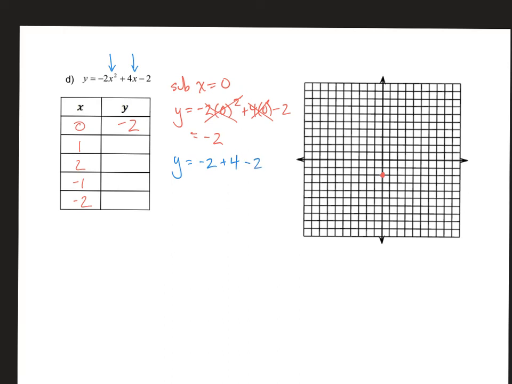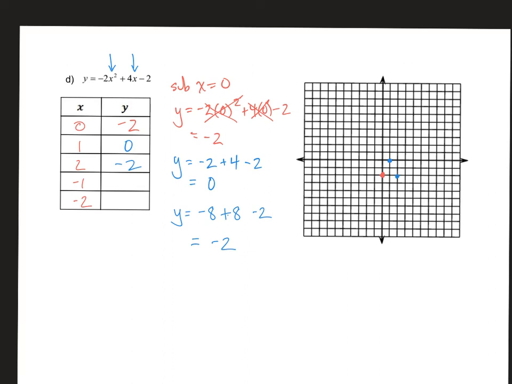And now you just have a little calculation to make. -2 plus 4 minus 2 is 0. So I have a point at 1, 0. We can do the same thing to match up with our 2. 2 squared is 4. 4 times negative 2 is negative 8. 4 times 2 is 8. And now we calculate, and we find our matching value. Therefore, I have a point at 2, negative 2.